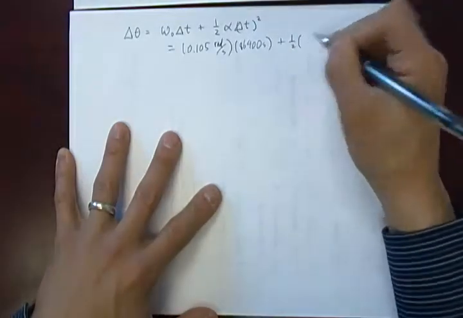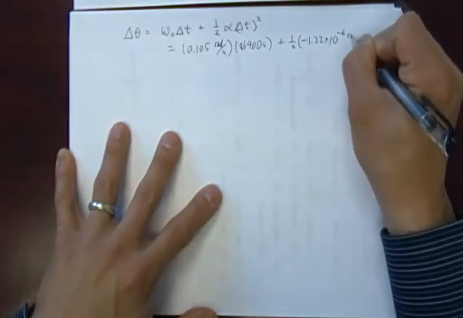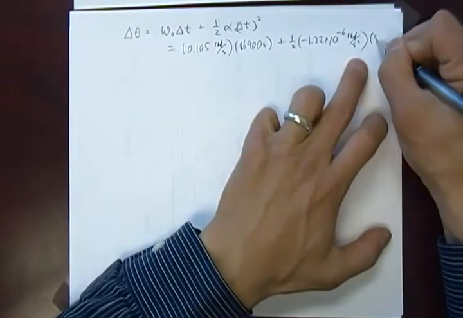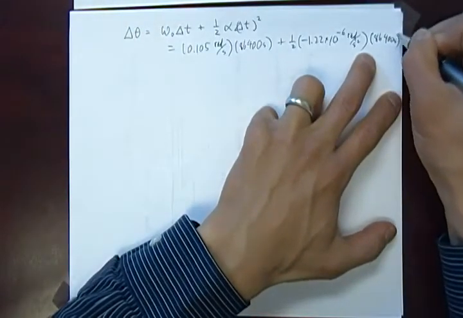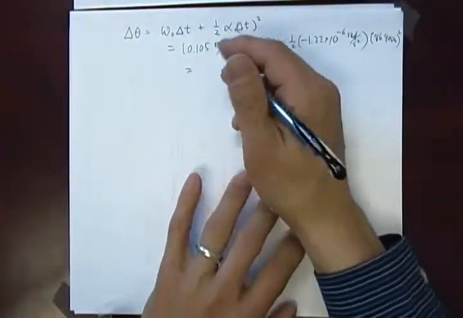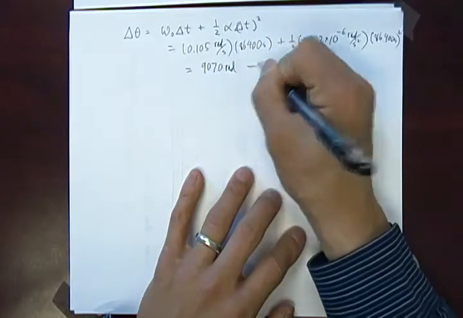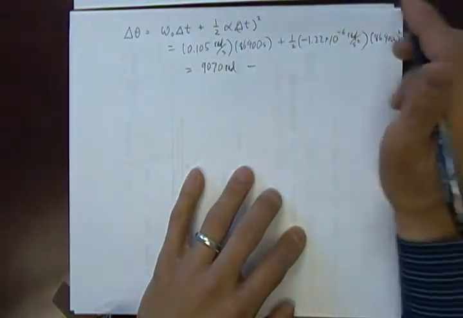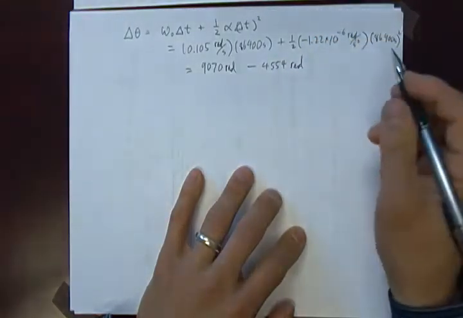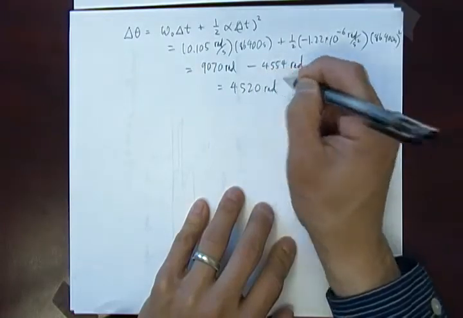And alpha we've calculated as negative 1.22 times 10 to the negative 6th radians per second squared, and delta t is 86,400 seconds, and we square that. We calculate this through. This first term becomes 9,700 radians, and the second term comes out to 4,504 radians when I plug that into the calculator. And I get 4,520 radians.